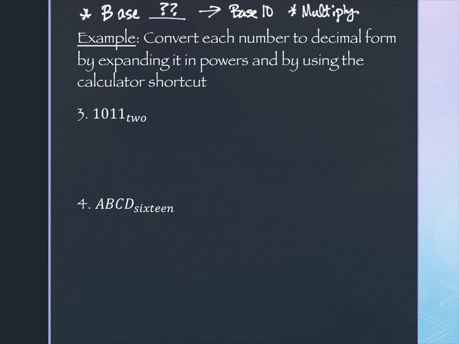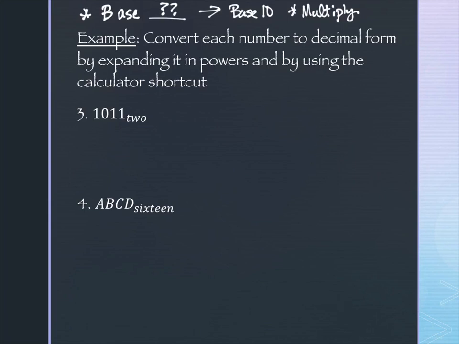Okay? We're multiplying. So we need to figure out what we're multiplying by, and we're always multiplying by powers of the base. If we're in base 2, we're multiplying by powers of 2. Down here, in base 16, we're multiplying by powers of 16. No matter what base you're in, you're multiplying by powers of that base.